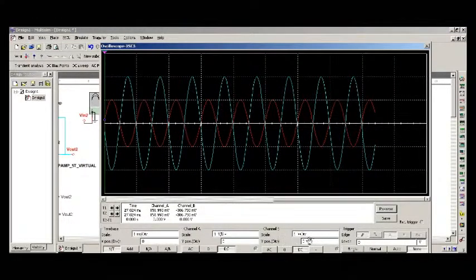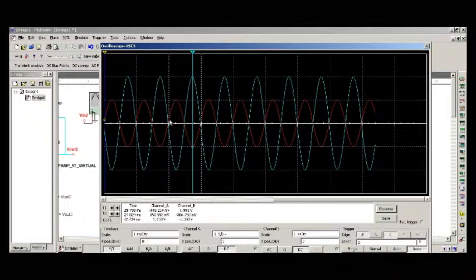They're both to scale as 1 volt per division, and we can see, just by using the cursors to approximate, that when Vn is 1 volt, V out is negative 2 volts, and when Vn is negative 1 volt, V out is 2 volts. So that has just verified our functional relationship.